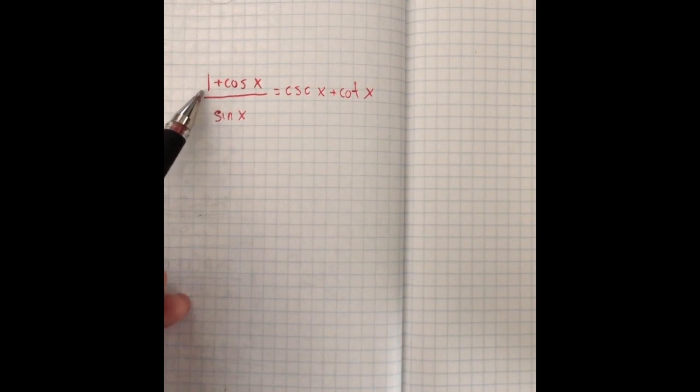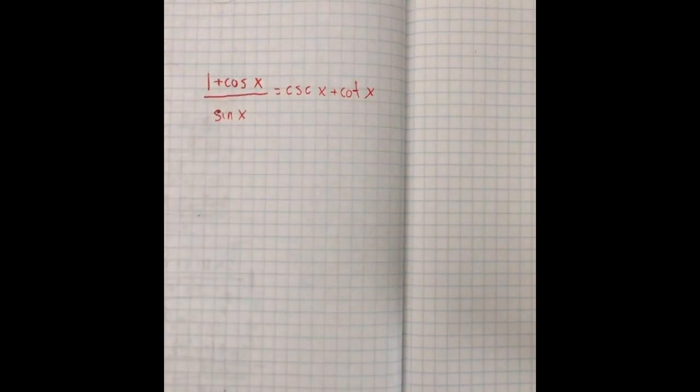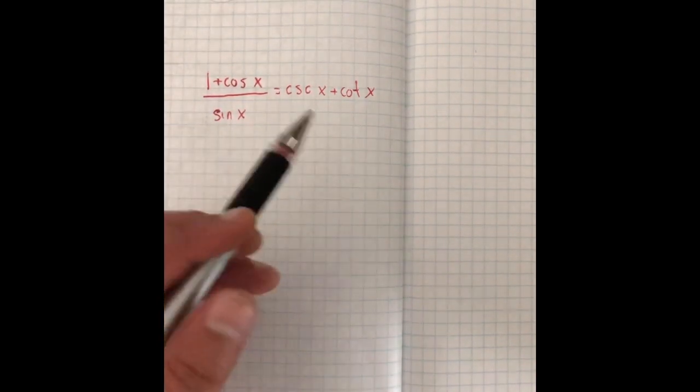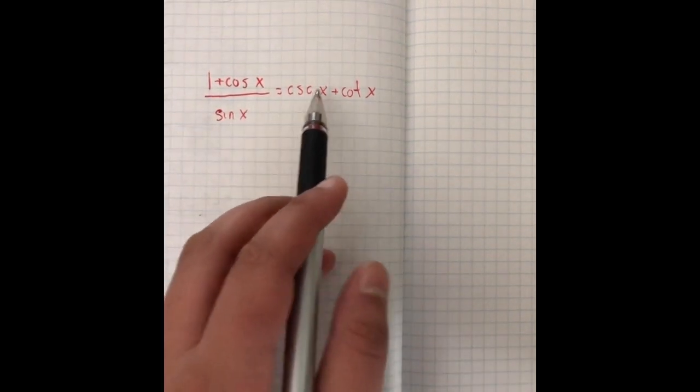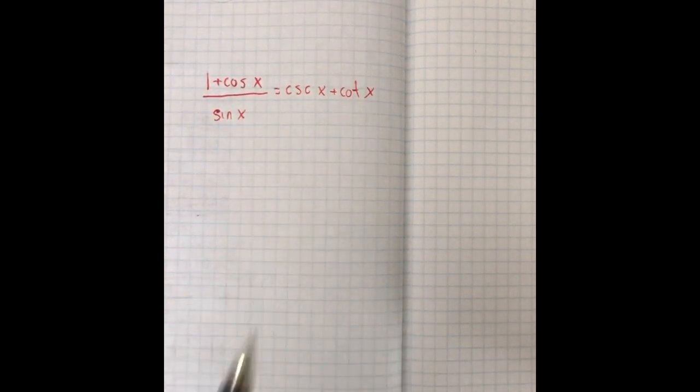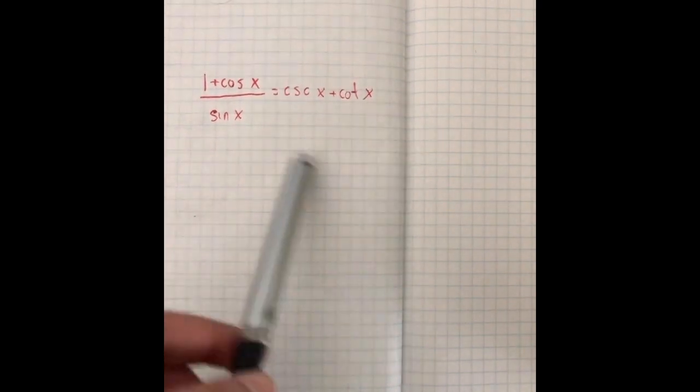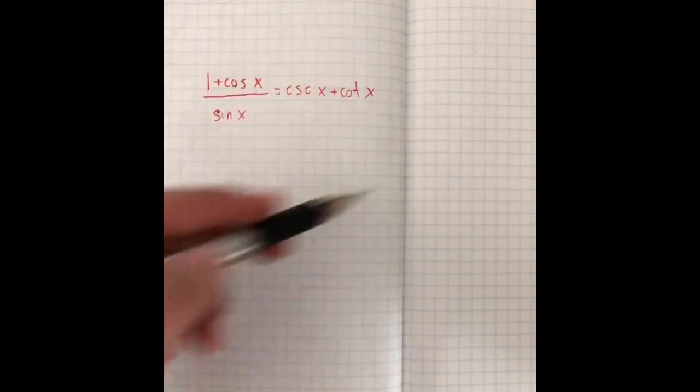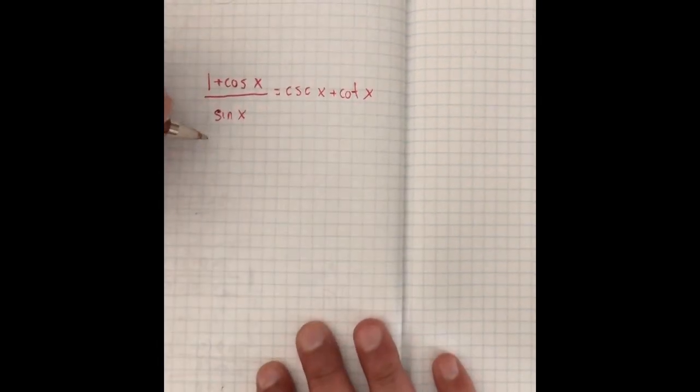What identity do you have with 1 plus cosine of x and sine x? There's really not much. But on the right-hand side, you have cosecant x and cotangent x, and that gives us a little more leeway on what to do. So, let's start off by rewriting the right side and keeping the left side the same.